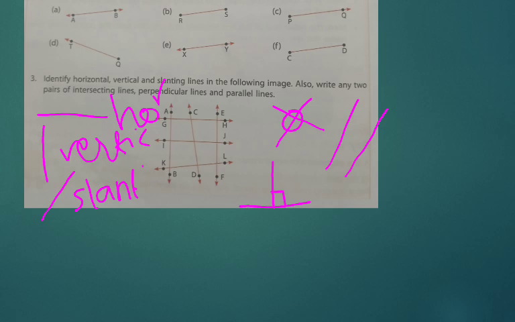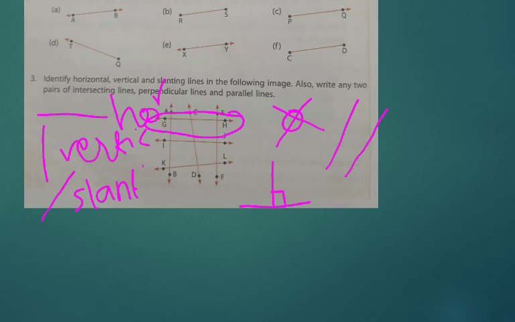You are going to identify which are all the horizontal lines, right? First, what do you mean by horizontal? We trace out the horizontal line. So here you see what are all the horizontal lines. See G and H. So GH is a horizontal line.